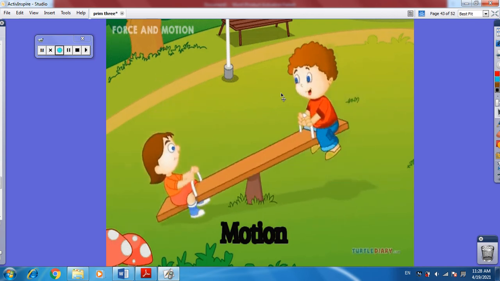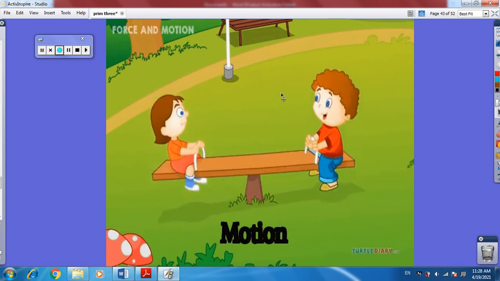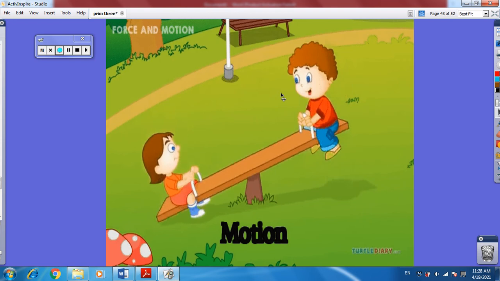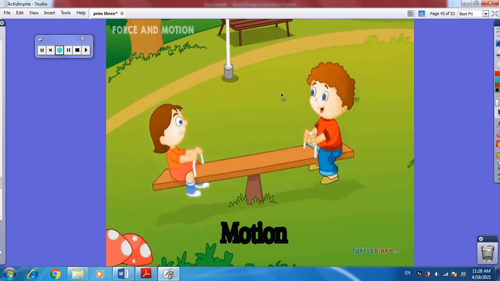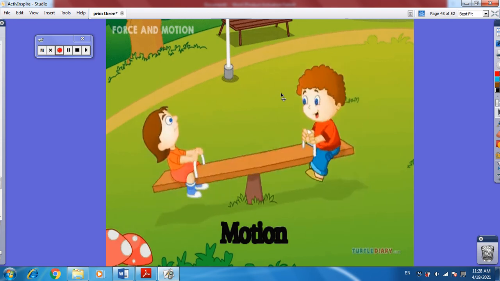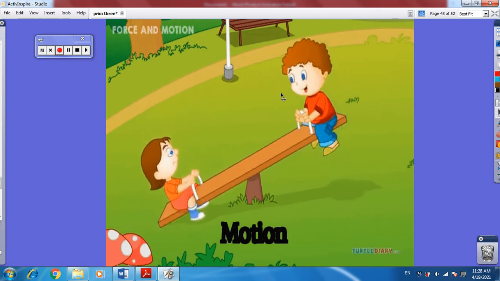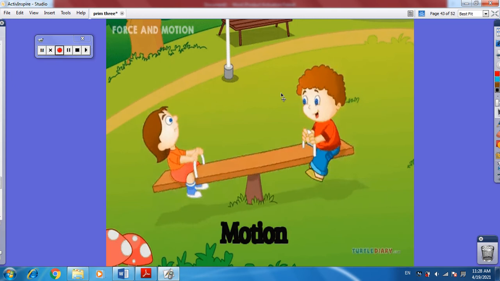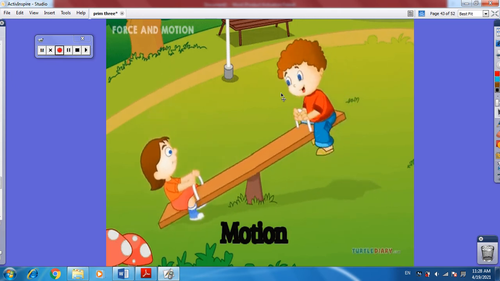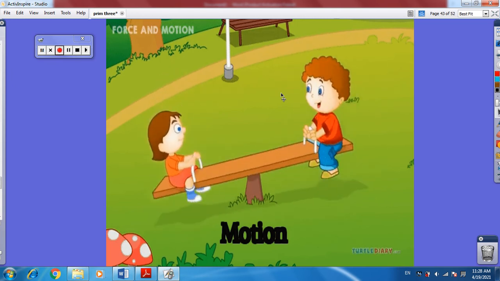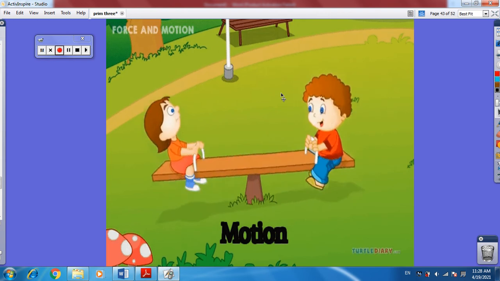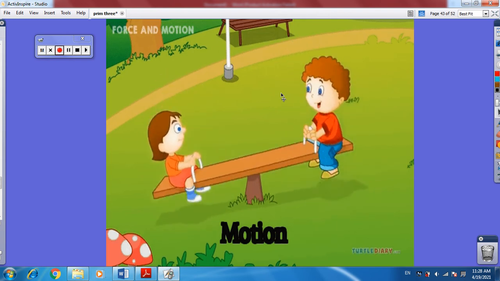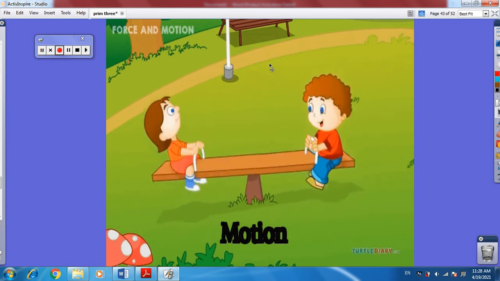So one pushes the seesaw to the ground and one pulls the seesaw in the opposite direction. So when I want to change my place in the classroom and take another chair, I push the chair or I pull the chair to move from one place to another place.